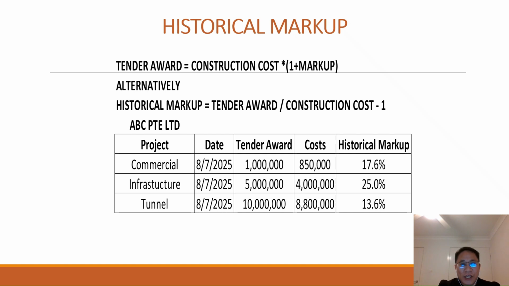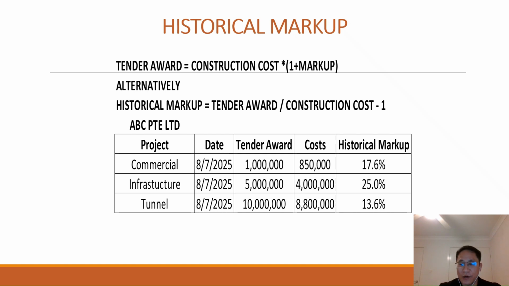Or alternatively, we can refer to the historical markup as equal to tender award divided by construction cost, minus 1. In the table below, we recorded the project, the type of project, commercial, date, tender award, how much, and construction cost, how much.